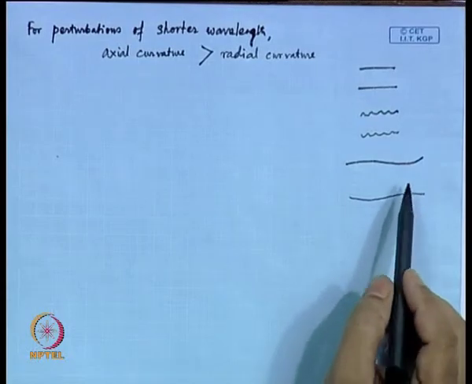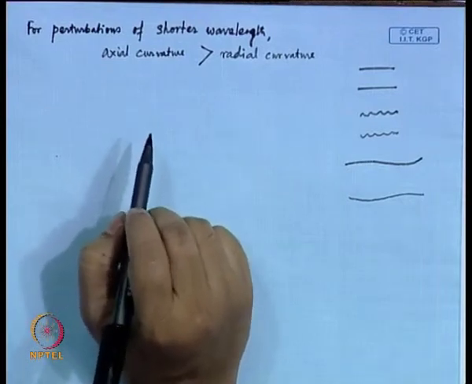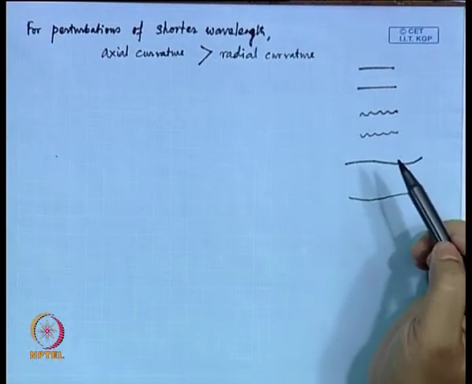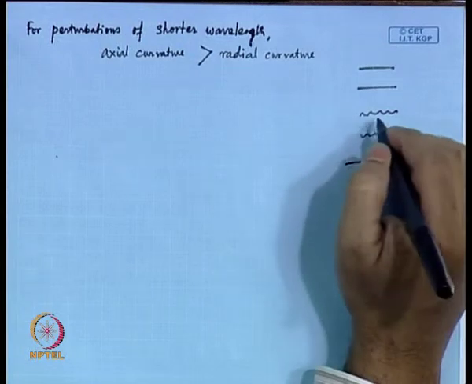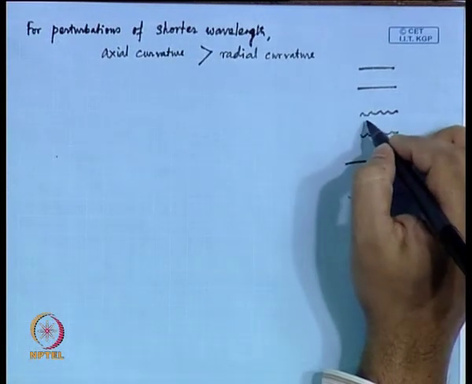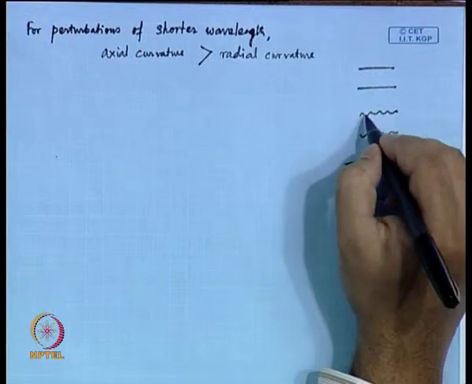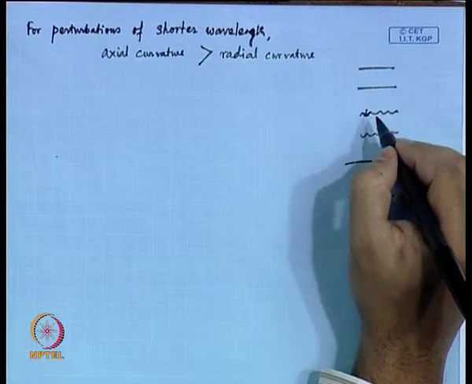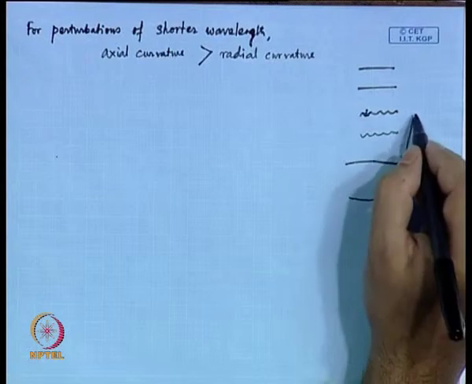What does this mean? For shorter wavelength, what is the axial curvature in this case? For example, for this one, the radius of curvature would be this much.